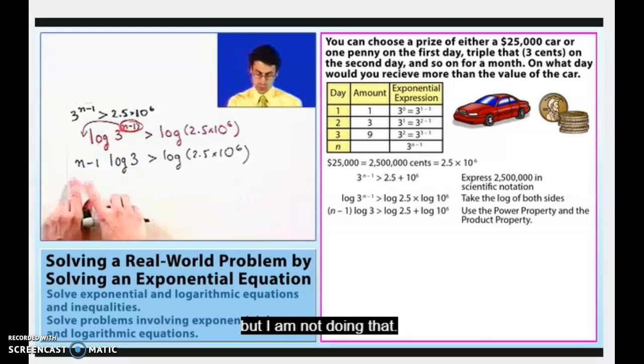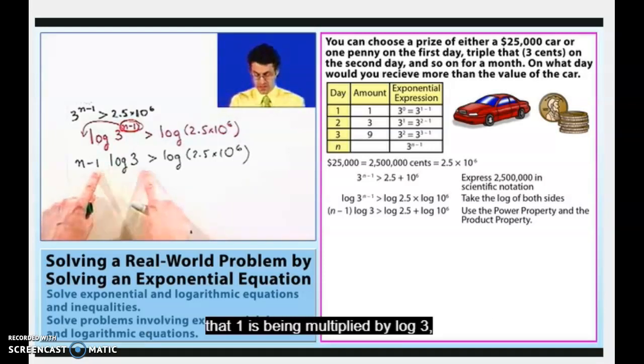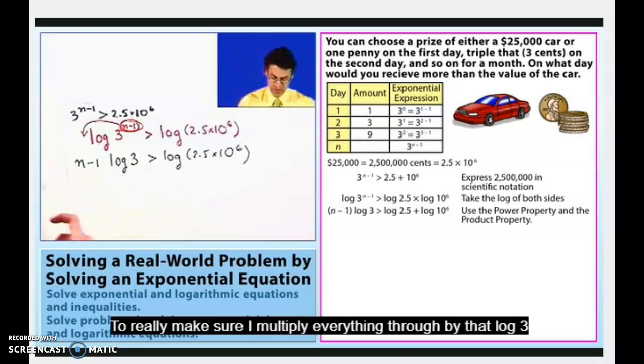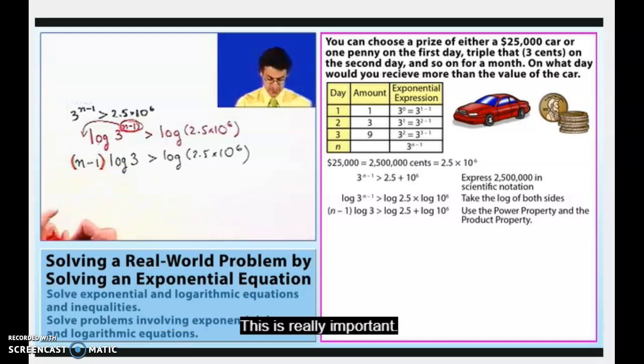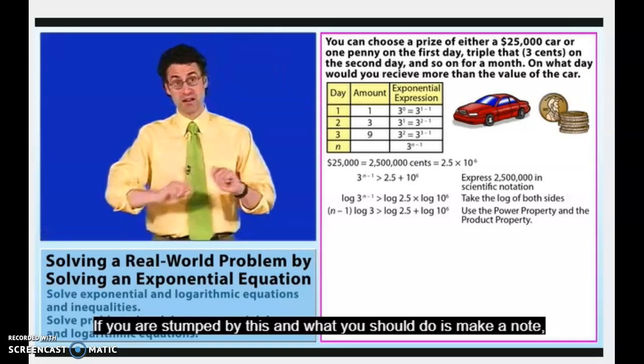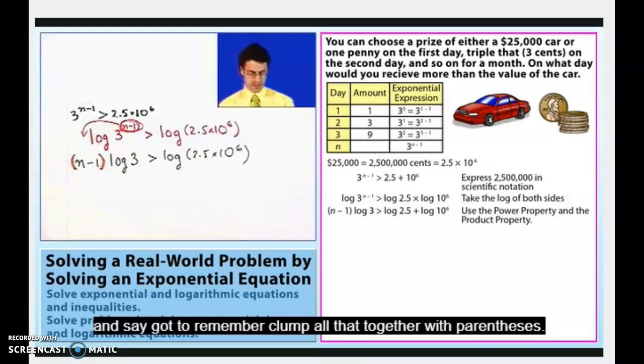But I'm not doing that. The way it's written, really what I'm saying is that that 1 is being multiplied by log 3, but nothing else is. To really make sure I multiply everything through by that log 3, I need to put parentheses around here. This is really important. If you were stumped by this, then make a note, write it down in your notebook, and say, gotta remember, clump all that together with parentheses.